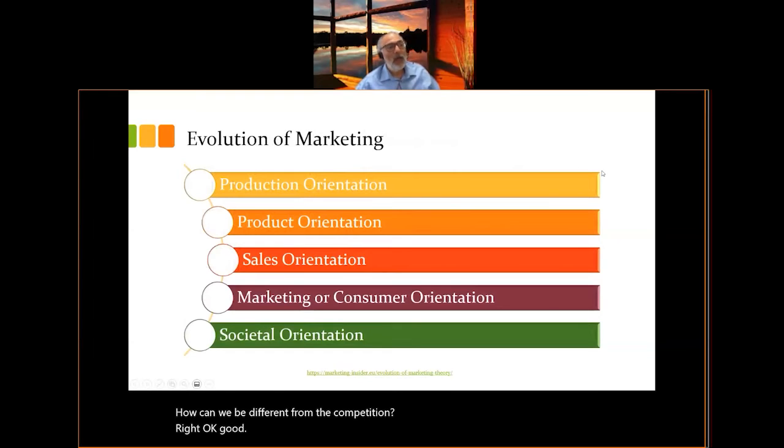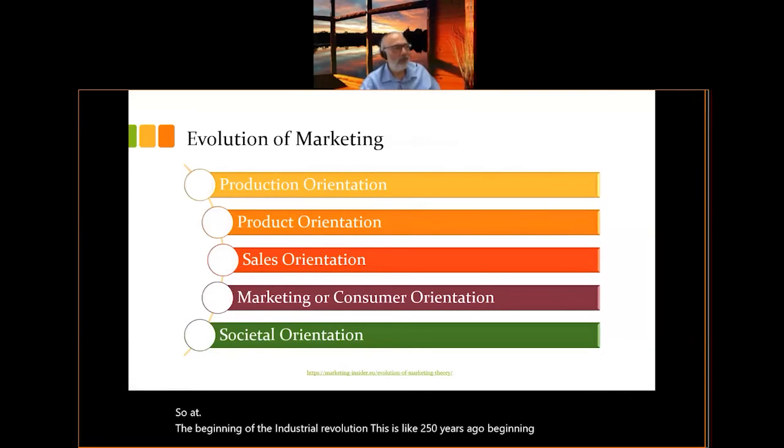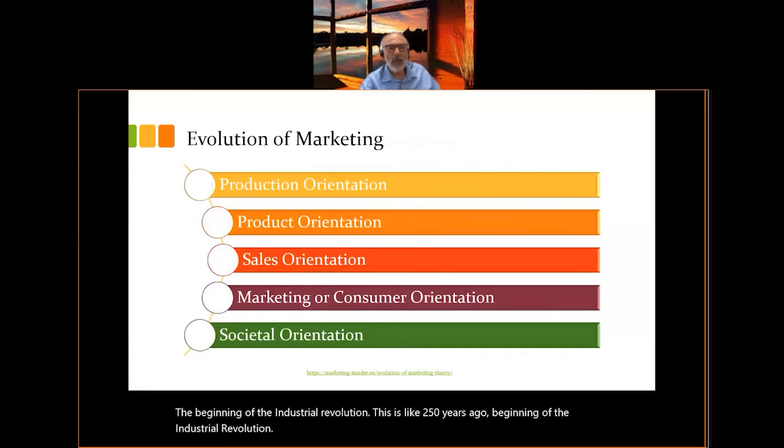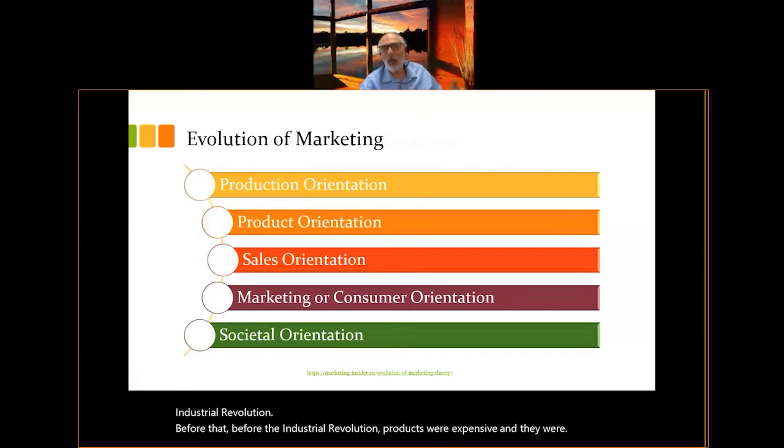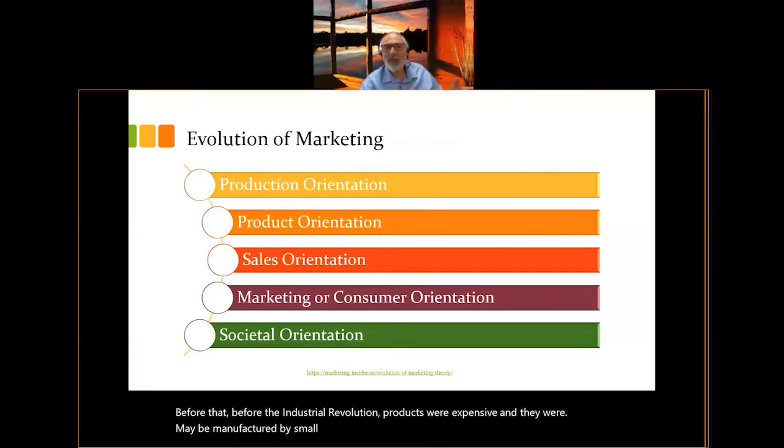So at the beginning of the Industrial Revolution, this is like 250 years ago, before that, before the Industrial Revolution, products were expensive and they were maybe manufactured by small artisans, so they were quite expensive.